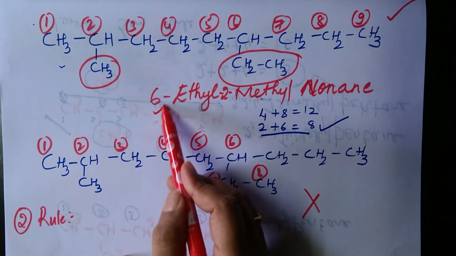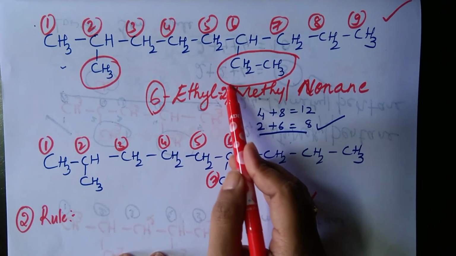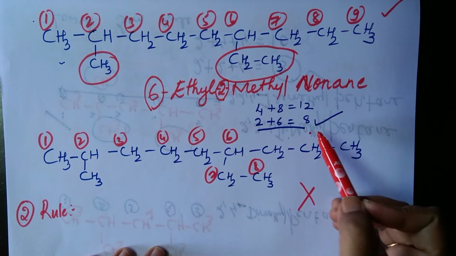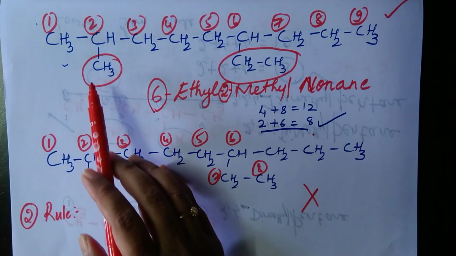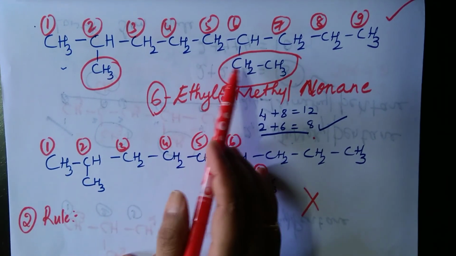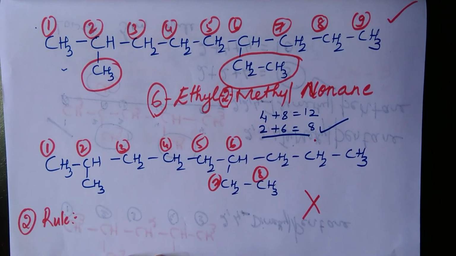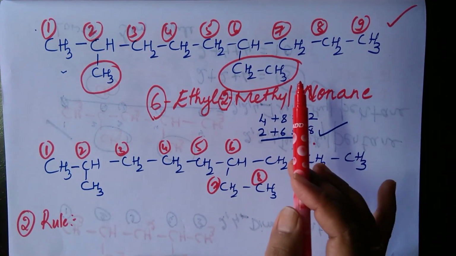So it has been written as 6-ethyl and 2-methyl. While numbering, the lowest sum rule has been followed. Why? Because they are not placed equidistant. In the other example, they were placed equidistant, so we gave importance to the ethyl group.